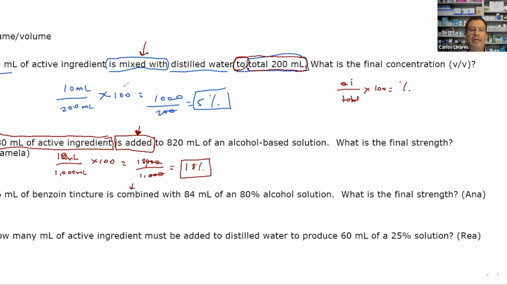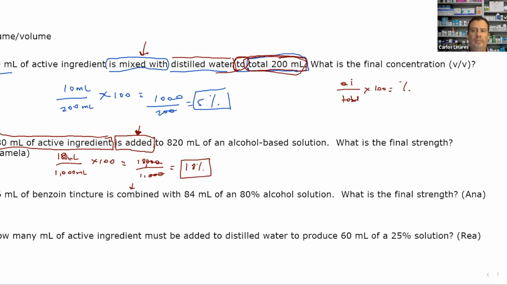And why didn't I add it up in the problem above? Because it says this is mixed with the distilled water. When it's mixed with the distilled water, it totals 200. This way I didn't have to do 10 mLs over 210 because the total is 200, not 210. See the difference on those two problems?